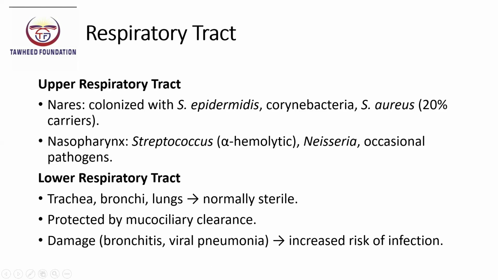Any bacteria reaching the lower respiratory tract are swept upward by the action of the mucociliary blanket that lines the bronchi, to be removed subsequently by coughing, sneezing, swallowing, etc. If the respiratory tract epithelium becomes damaged, as in bronchitis or viral pneumonia, the individual may become susceptible to infection by pathogens descending from the nasopharynx. An example is Haemophilus influenzae pneumonia.